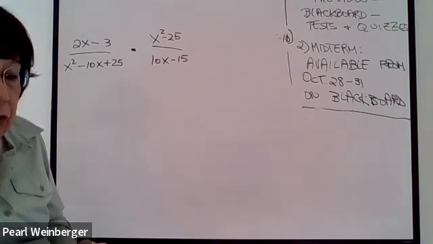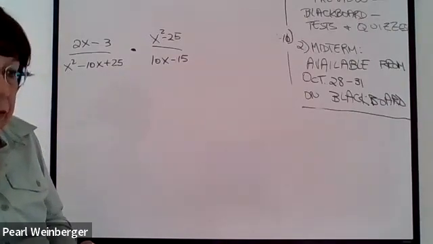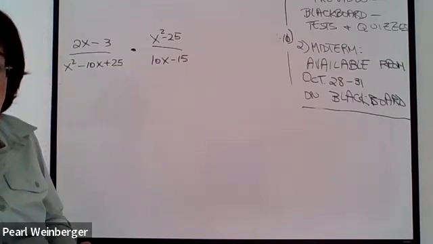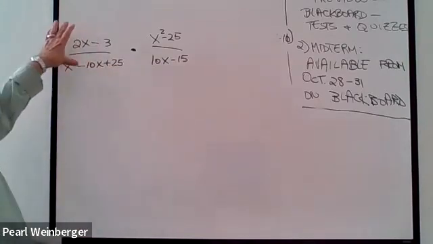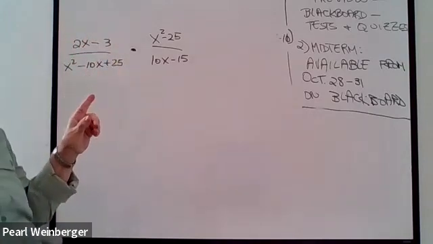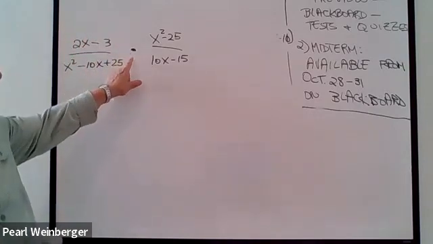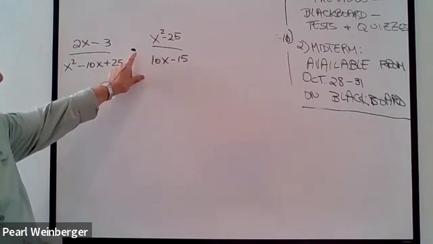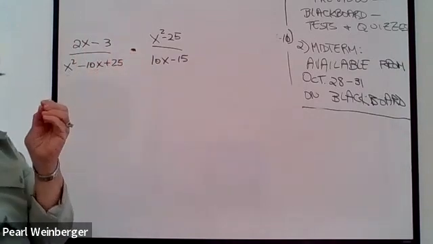This is a review of what we had started doing on chapter 5. This is called multiplying rational expressions. If you recall what I said, when you're multiplying and dividing, it's almost the same thing.